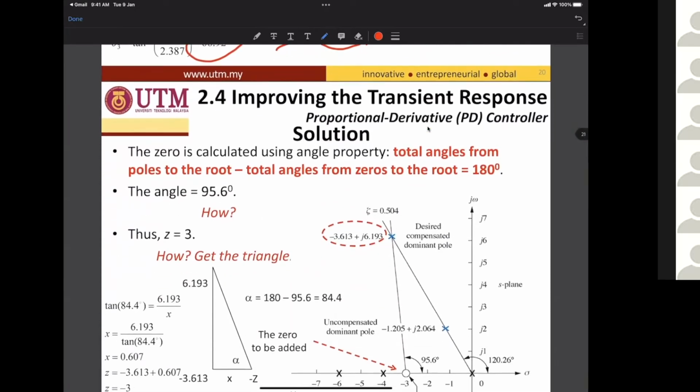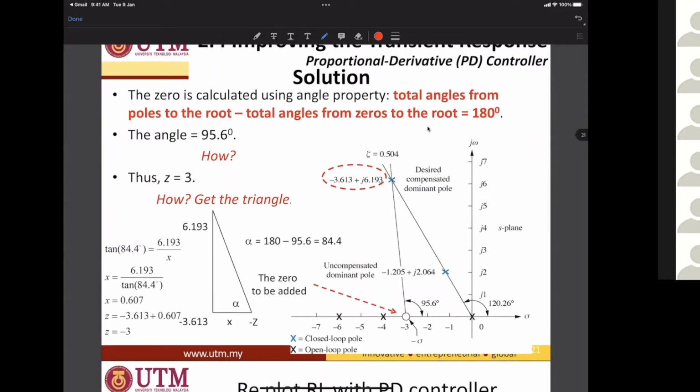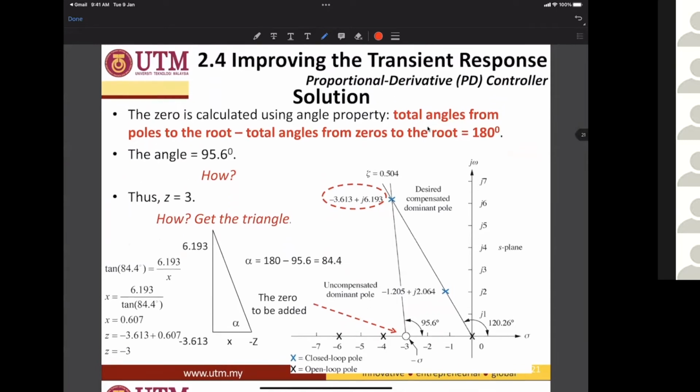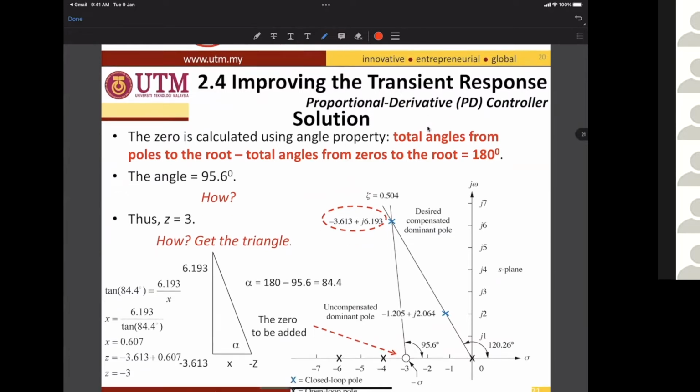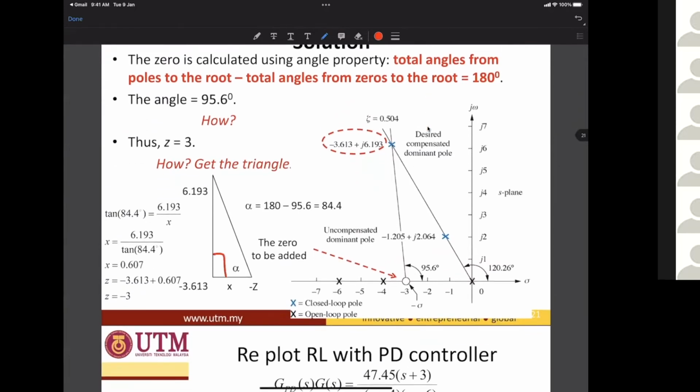Okay. So therefore, kita kirakan apa nama ni? Dia punya new zeros value itu using a graph, a simple triangle like this, okay, where this is -3.613, this is -z, this is the distance between -z and -3.613, and this is the alpha, okay, the angle under consideration.